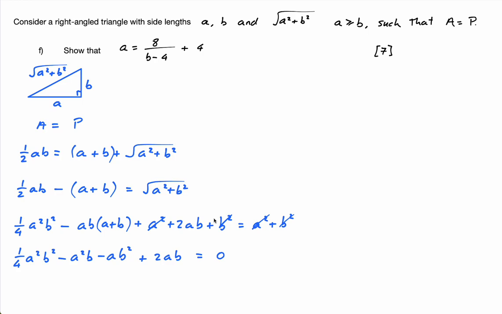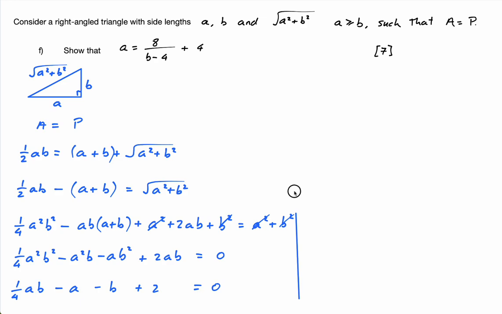Okay, now what to do? So there's an A and a B in every term here, so let's divide across by A and B. So I have a quarter, divide by AB here just gives me AB, divide by AB here gives me A, divide by AB here gives me B, and divide by AB here gives me 2. So now we are getting somewhere.